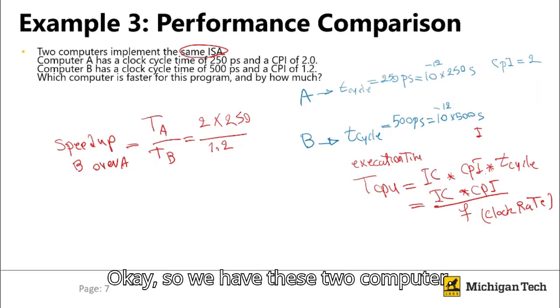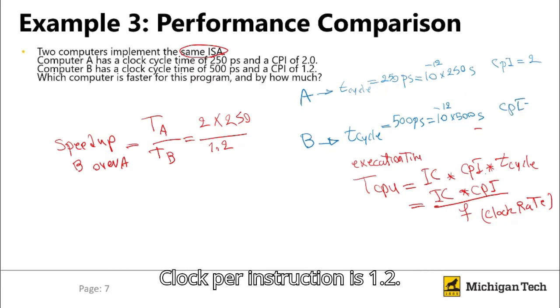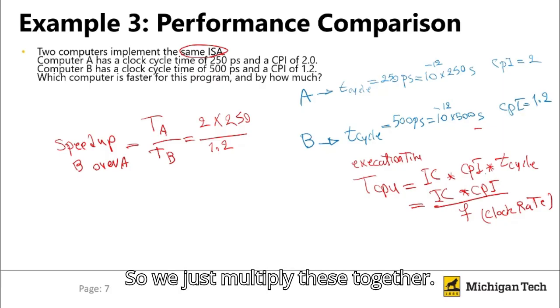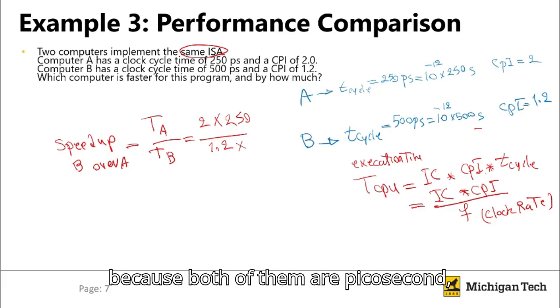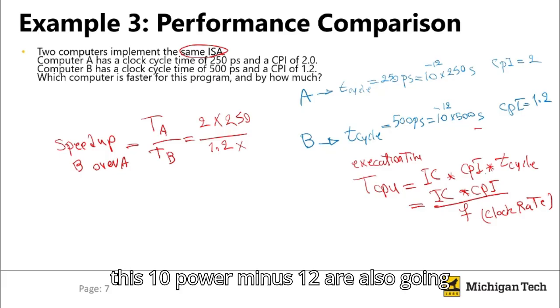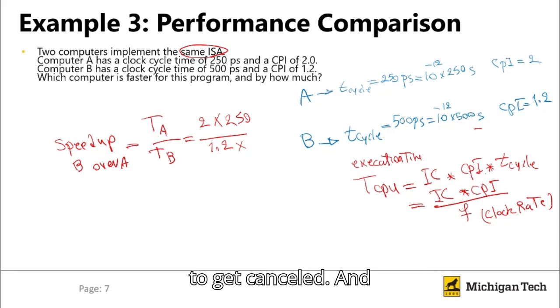So we have these two computers, and clock per instruction is 1.2. We just multiply this together. And when we multiply, because both of them are in picoseconds, the 10 to the power minus 12 are also going to get canceled. And one is going to be 500, the other 500. So the result is going to be 1 over 1.2.